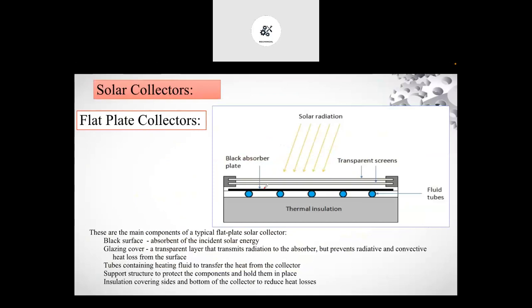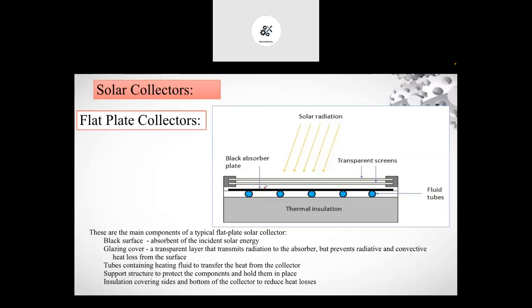Now this incident solar energy can be absorbed by using the solar collector, because this solar radiation is incident on the earth surface, right? Now that energy we have to use, and to use that energy, we use different devices like the flat plate collector, evacuated tube collector, concentrating collectors.